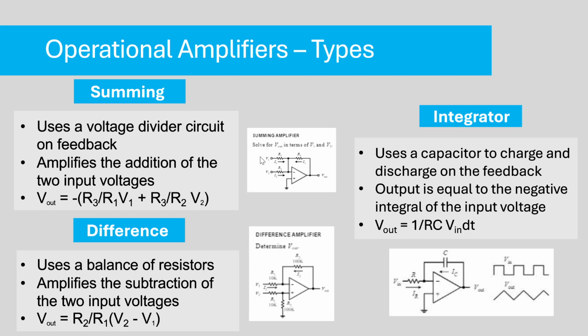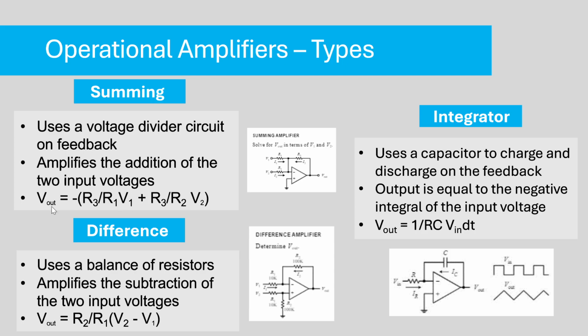When we look at this circuit diagram here, we can see that there's a voltage divider happening up here, as well as the typical voltage divider that we see between feedback and input. This uses the voltage divider on the feedback, and it amplifies the addition of the two inputs. When we look at the equation, it makes a little bit more sense.